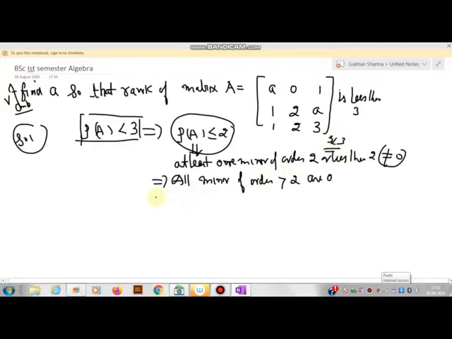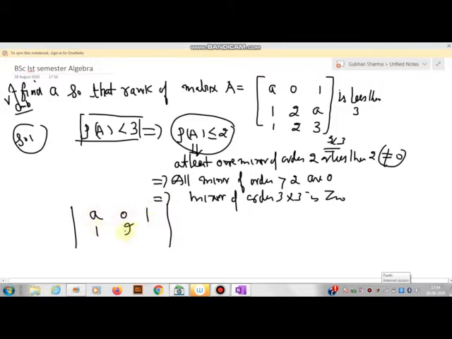So this implies the minor of order 3 by 3 is 0. So 3 by 3 minor means the determinant of this matrix, that is A 0 1, 1 2 A and 1 2 3, will be 0.